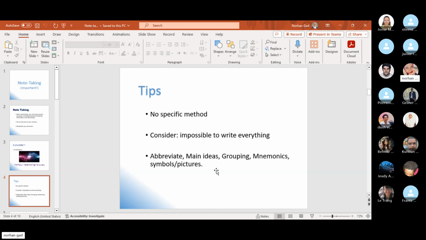This is also a skill that you have to develop, because you will be listening to what the speaker is saying while you are taking your notes. And you're not just taking notes, you are selecting the keywords from what the speaker is saying.